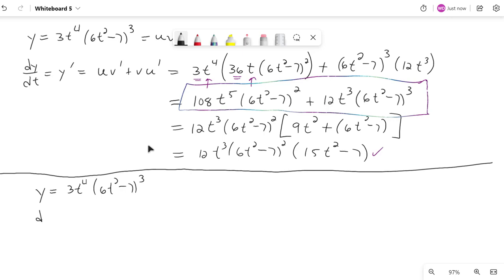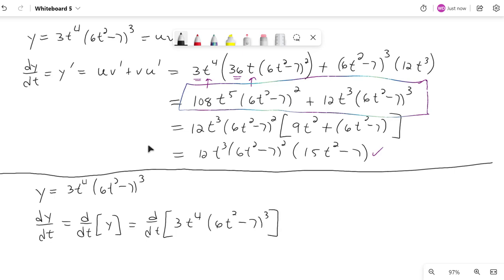I want to know the derivative of y in terms of t. So that means I'm applying the differential operator, the derivative in terms of t, to the expression y. That means I apply the differential operator d dt to the expression 3t to the fourth times 6t squared minus 7, that quantity cubed.